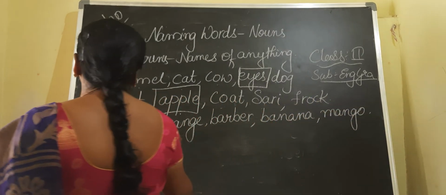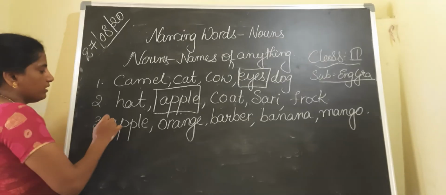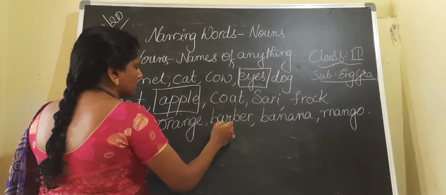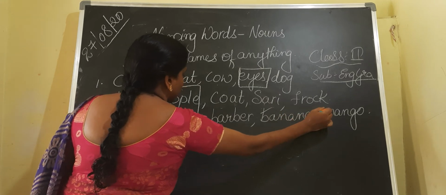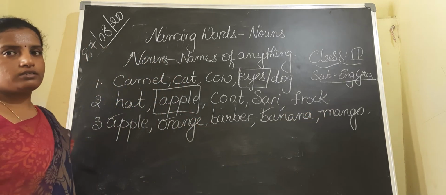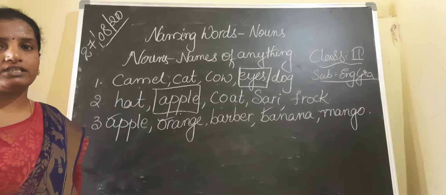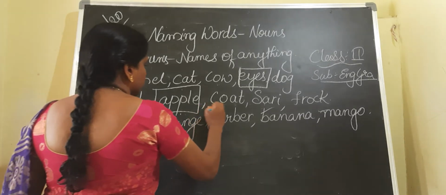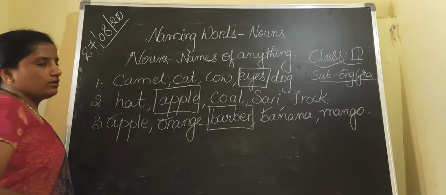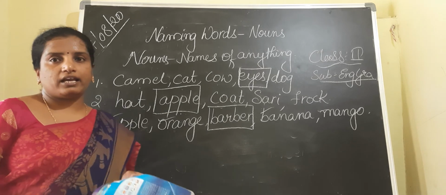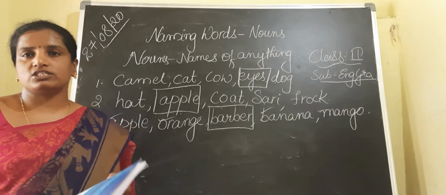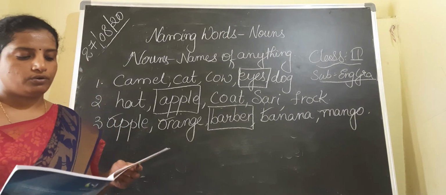Now if you see, apple is a fruit, orange is a fruit, banana is a fruit, mango is a fruit. So barber is the only word which is not a fruit. So this is the strange one.